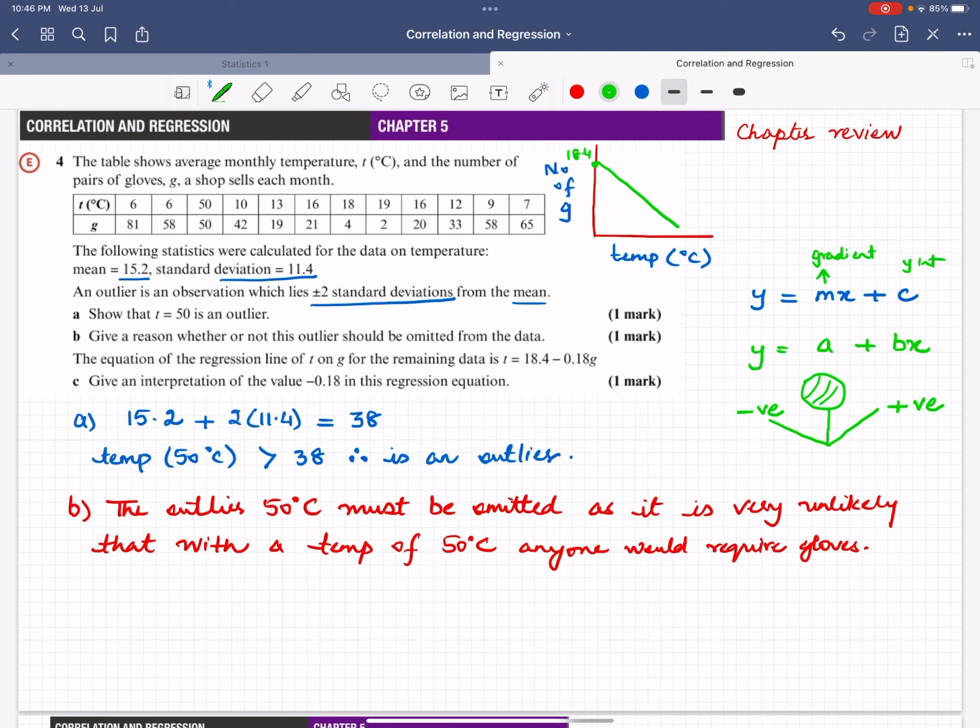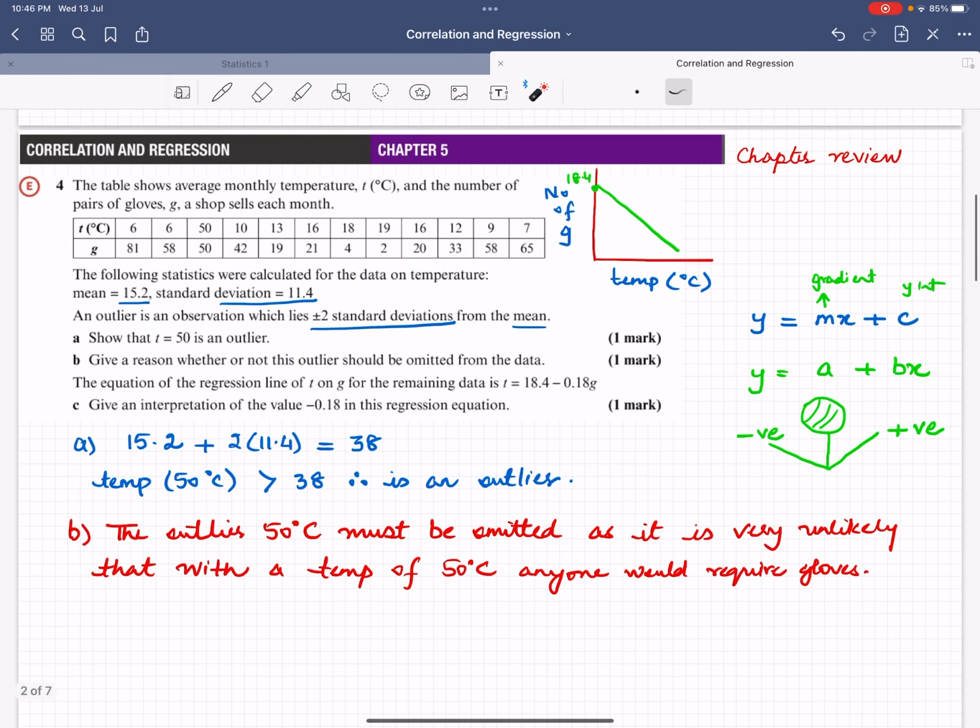It's a negative gradient. With this type of graph, as the value on the x-axis increases, the value on the y-axis decreases. So when one value increases, the other value decreases.